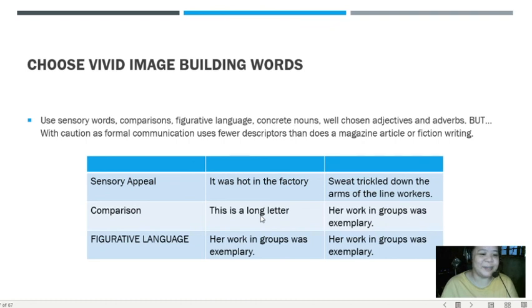Okay, so that is using figurative language. Bring home the bacon, meaning to gain success over something. I'm sorry for the slides. It was an oversight. Okay, let's continue.